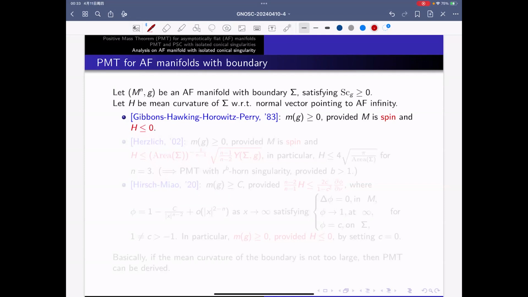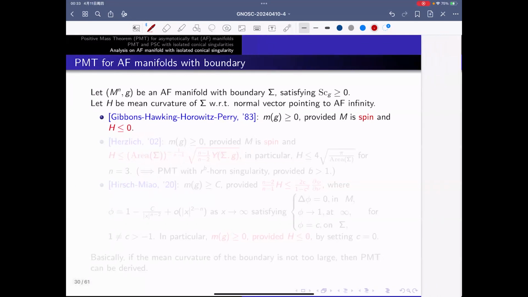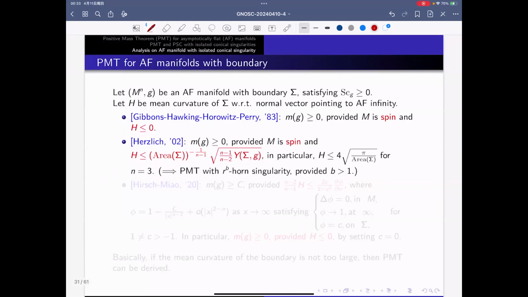Okay, and so later, Herzlich generalized this result to allow the mean curvature to be positive, but satisfy some upper bound condition in terms of the Yamabe invariant, where sigma g is the Yamabe invariant of the boundary sigma.